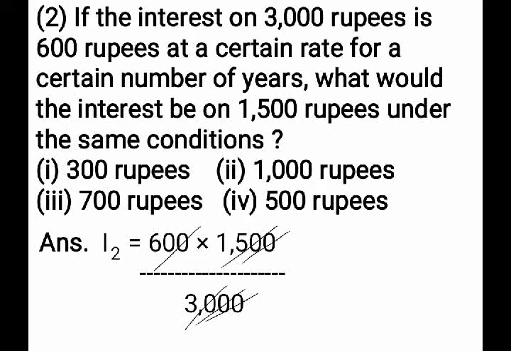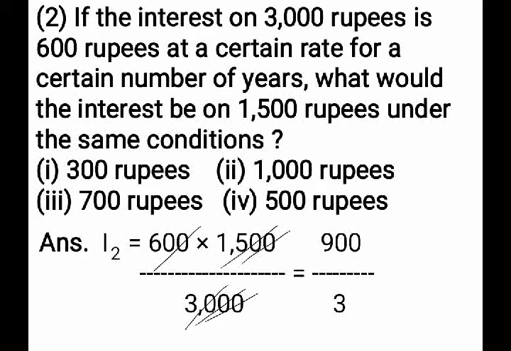First multiply the numbers on the numerator, that is 60 into 15. Write this 0 as it is. 15 sixes are how much? 90. When you add this 0, 60 into 15, what will the answer be? 900. Upon the denominator, what is there? 3.